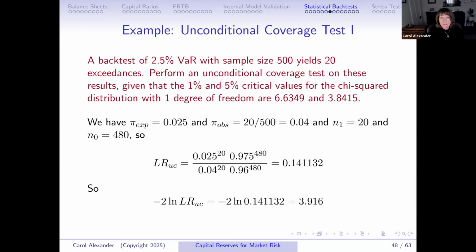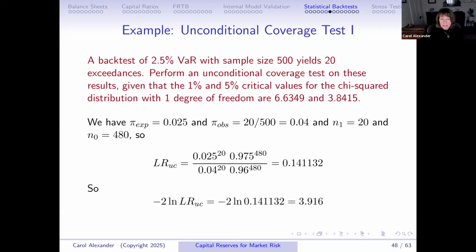Here's an example. A backtest of 2.5% VaR with a sample size 500 yields 20 exceedances. Perform an unconditional coverage test on these results, given that the 1% and 5% critical values for this chi-squared distribution with 1 degree of freedom are 6.6349 and 3.8415. Those are our critical values.